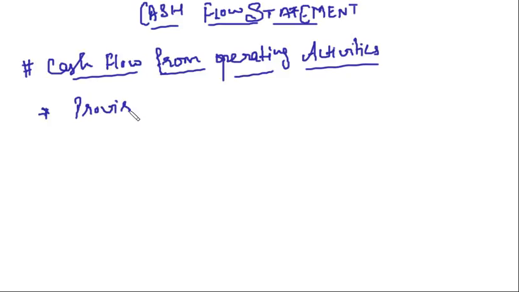Now, in this lecture, we are going to discuss provision for tax account. We have done this before also. There is a slight difference in why we will prepare the provision for tax account now.